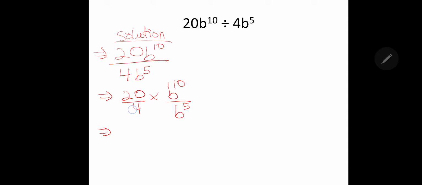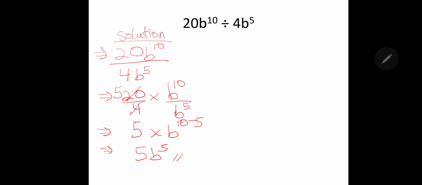What is 20 over 4? 5 times, because 4 ones are 4, 4 twos are 8, 4 threes are 12, 4 fours are 16, 4 fives are 20. So that's 5 times b to the power. When two same bases are divided, you do what? You subtract their index. So 10 minus 5. So we have 5b to the power 5. That is your final answer.